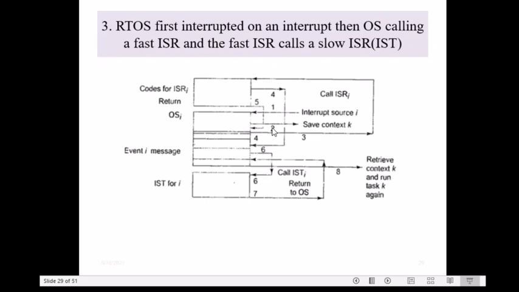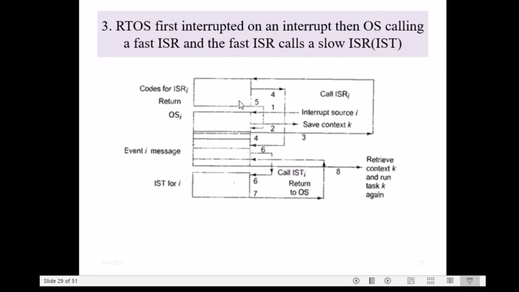So that is the second step. The first step is the hardware source interrupting the operating system. Then the OS completes the critical part of the currently running process and saves its context. And the third step is that the operating system calls the corresponding ISR.